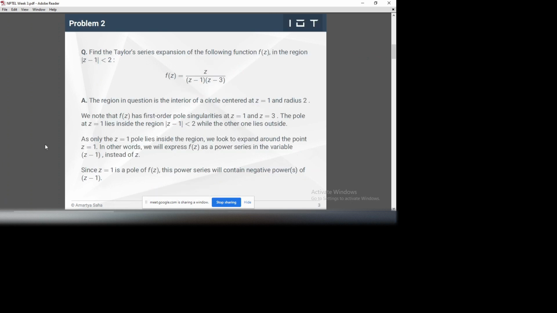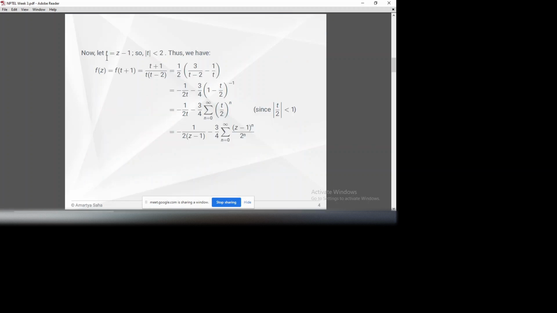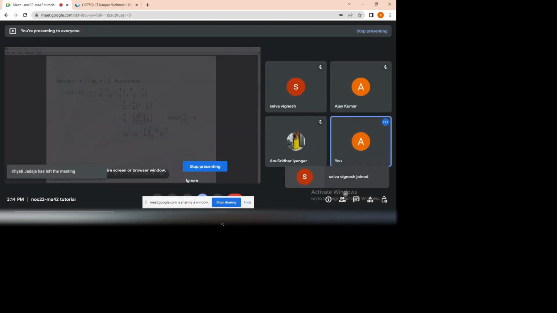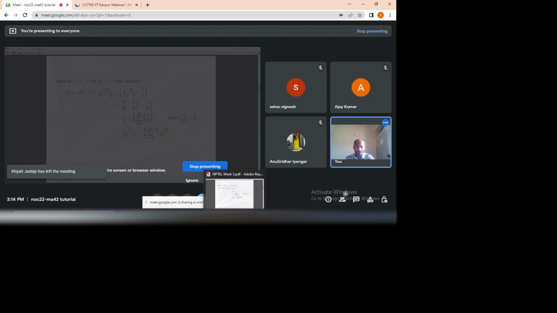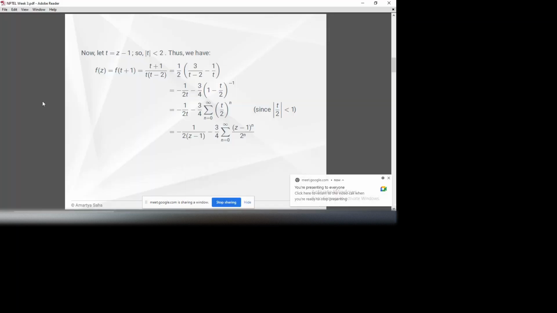To do this kind of expansion around a center that is not 0, the usual trick is to let t equal z minus 1. This is just a change of variable.